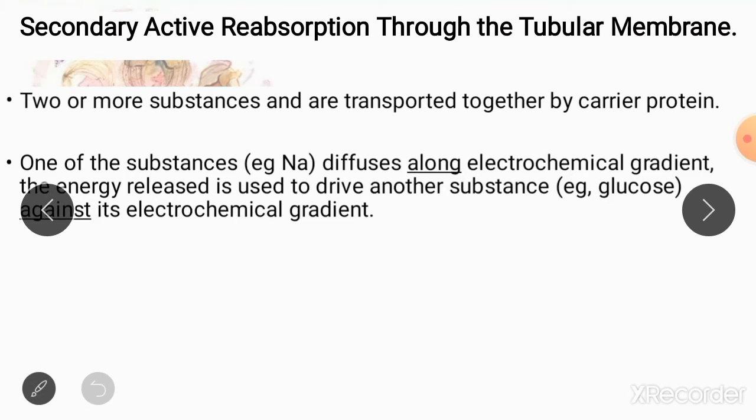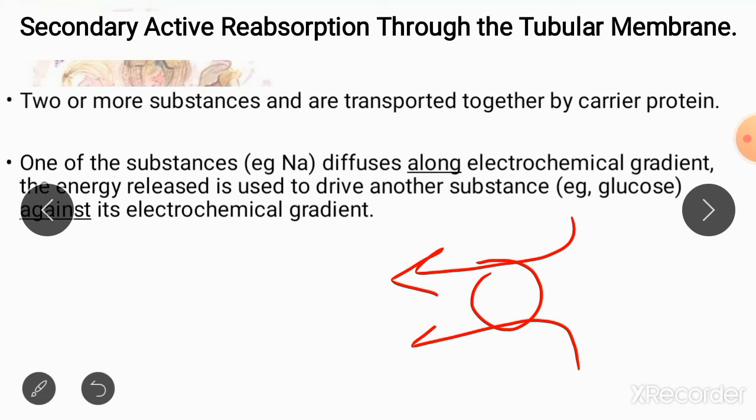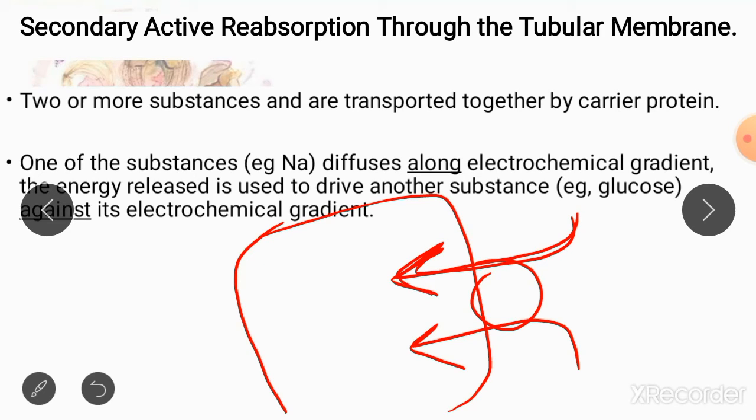When one of the substances, for example sodium, diffuses along its concentration gradient, the energy released is used to drive another substance, for example glucose, against its concentration gradient, and this is known as secondary active transport. And who is maintaining the sodium gradient? When sodium comes inside the cell and starts accumulating, who is continuously throwing this sodium out so that a gradient is always maintained?